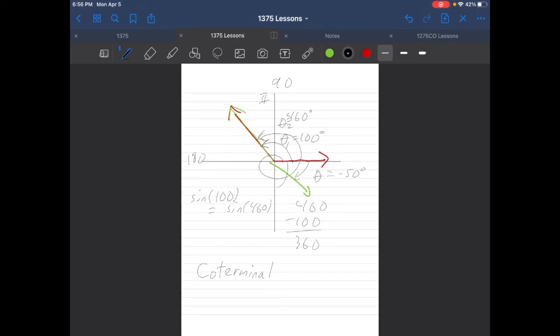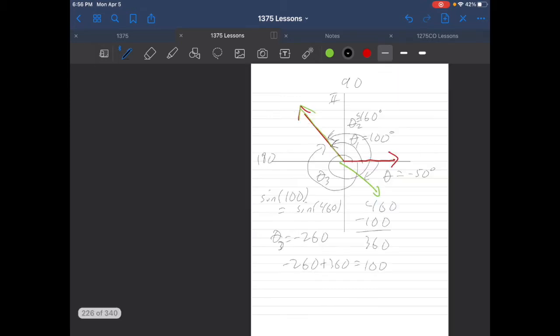Let's say that there was a negative angle. Let's call this theta 3. Let's say theta 3 is equal to negative 260 degrees. Right, how do we know where that ends up? Because drawing a negative angle might be a little bit difficult, right? Negative 260 plus 360 degrees is equal to, look at where we are, 100 degrees, another coterminal angle, right?